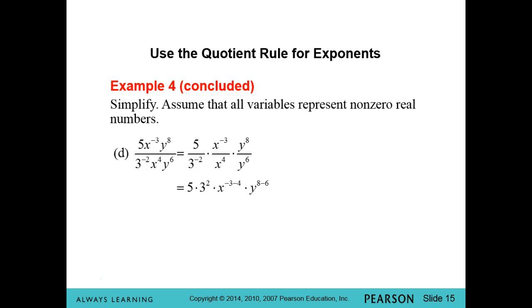Later we'll get there. And this is y to the 8th divided by y to the 6th, which is y to the 8 minus 6, subtracting your exponents, just like they did with the other two.